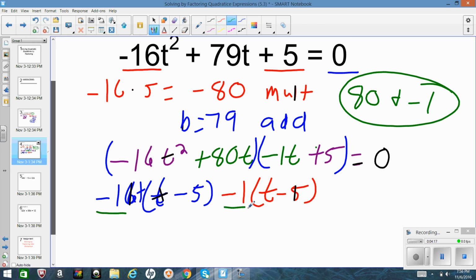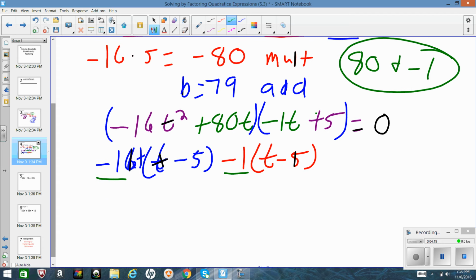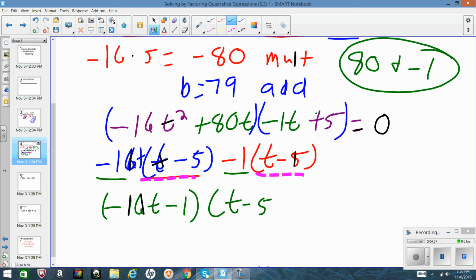So the terms that I factored out, negative 16t minus 1, is my first expression, and the two expressions that were the same in parentheses is my second expression, t minus 5, and this is equal to 0. So I have (negative 16t minus 1)(t minus 5).